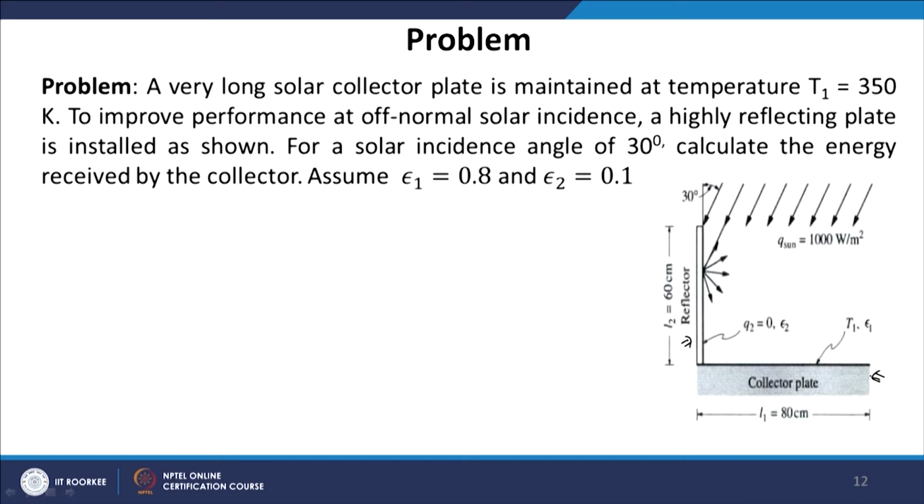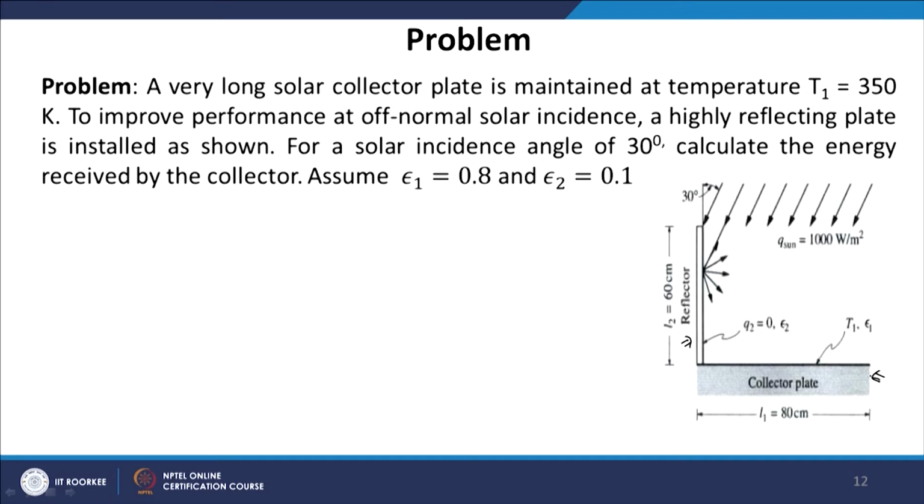Okay. So, collector plate has emittance which is equal to epsilon 1 equal to 0.8. Okay. That means, it is not a very good reflector, it is a good absorber. On the other hand, we have put a vertical plate adjacent to it which has epsilon 2 emittance of 0.1.